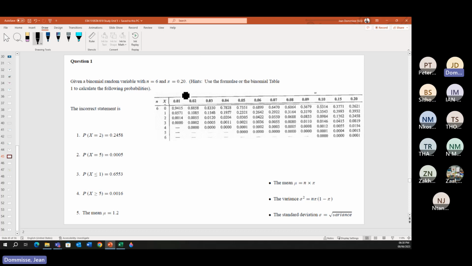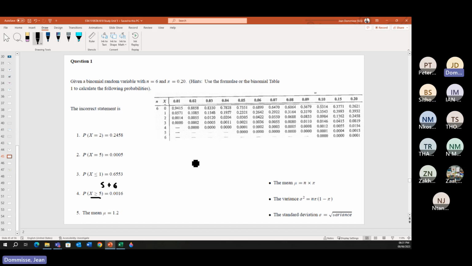The reason is, when I look at a question like this, where n equals 6 and x is greater than or equal to 5, I need to work out the probability at 5 and then add the probability at 6.